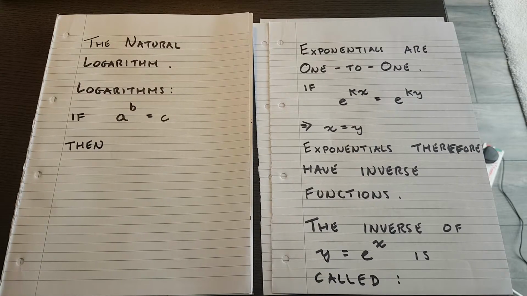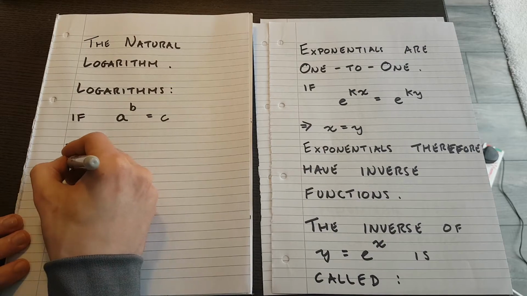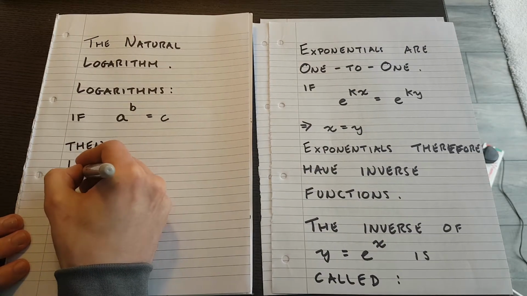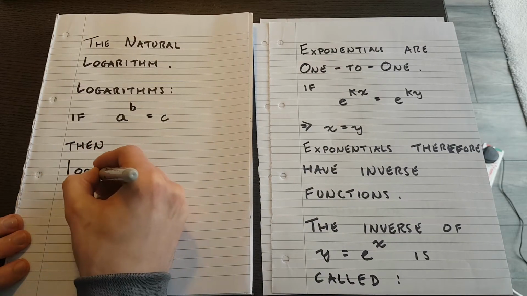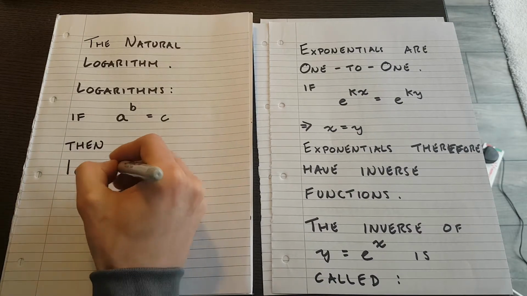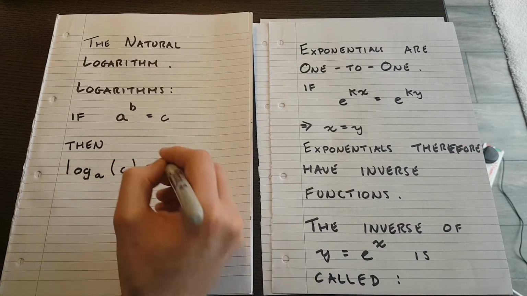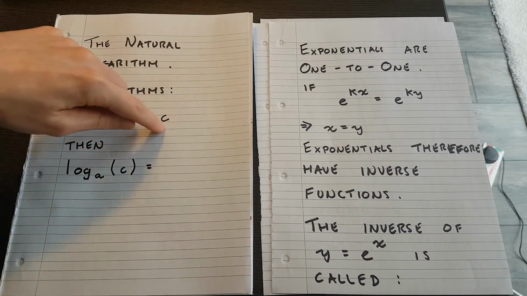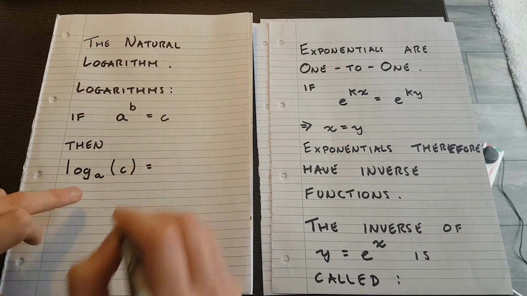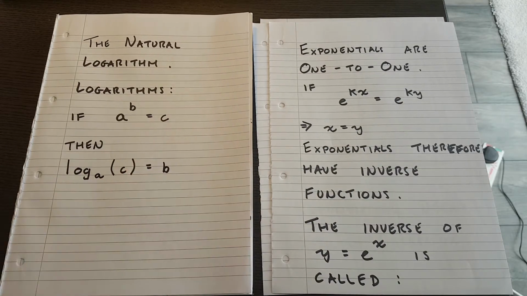Well, the logarithm works with the same information, but a little bit differently. It says I have the number a. I want to get the number c. What power do I need to do that? And of course, since a raised to the power b gives me c here, the power that I need to raise a to is going to be b.